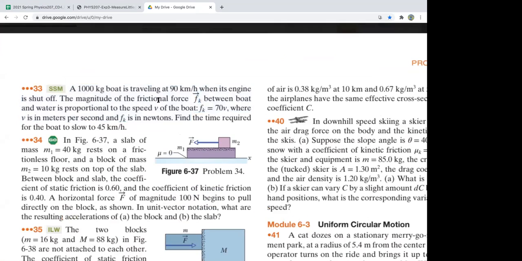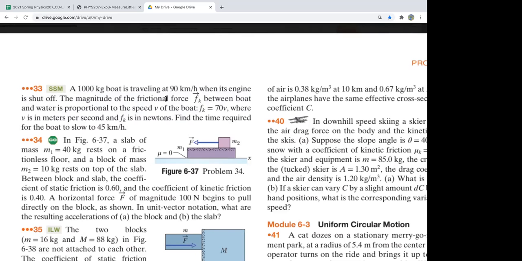The magnitude of the friction force Fk between boat and water is proportional to the speed of the boat, where v is in meters per second and Fk is in Newtons. Find the time required for the boat to slow to 45 kilometers per hour.